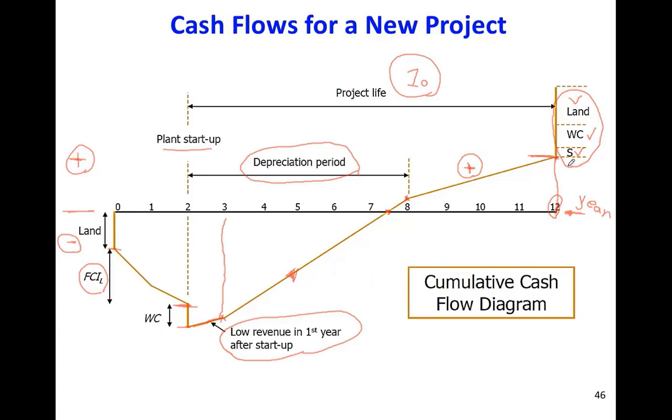You see that salvage value is usually a very small value compared to the fixed capital investment we have, the money that we put into equipment, construction, everything. From this much money, we can recover only this little amount here. All right, so this is a general description of the cash flow diagram.